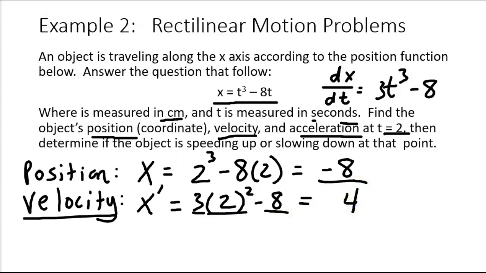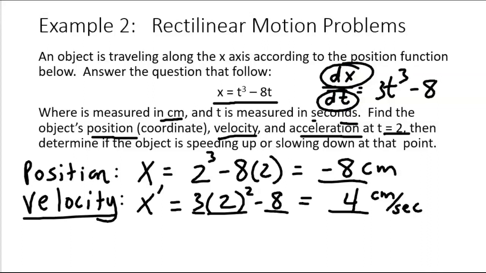I forgot to put my units. For the first one, this would be negative 8 centimeters. And for this one, it's 4 centimeters per second. X is measured in centimeters, t is measured in seconds, and so velocity is centimeters per second.